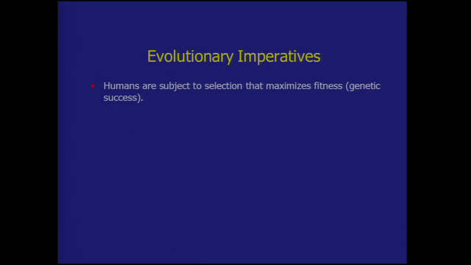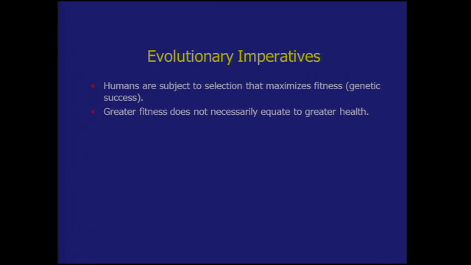We're subject to selection that maximizes fitness, which is defined in terms of your overall genetic success, getting your genes into the next generation and beyond. Greater fitness, where fitness is about getting your genes into the next generation, is not necessarily the same as better health, which is a sobering realization.